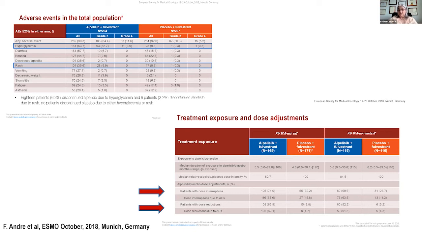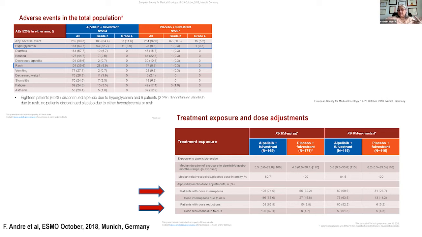On the other side, if you look at the other table that is on your right, you will see the percentage of patients that needed to reduce the dose, interrupt the treatment, or give up the treatment completely. And you see that with alpelisib, 70% of patients have to have at least 1 dose reduction or interruption, or have to stop the treatment.